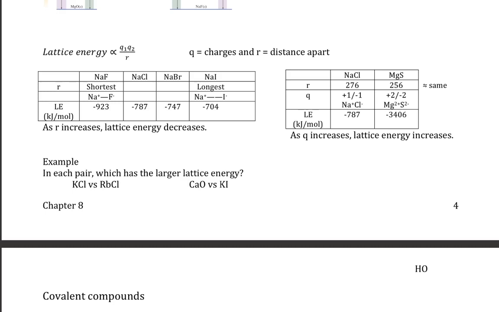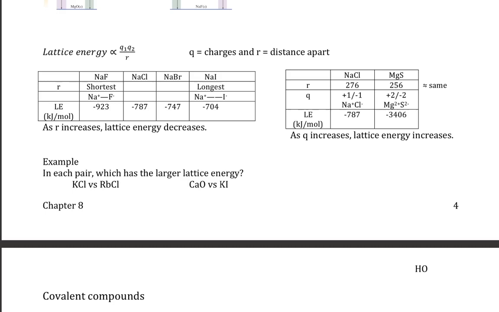So those are two factors, charge factor and size factor, that are going to figure into the attraction. So in this table on the left, we're comparing sodium fluoride and sodium chloride and so forth, all the way down to sodium iodide. Looking at the periodic table, we see, of course, sodium is the same for all of them. What changes is the halogen. Fluorine is smaller than iodine.